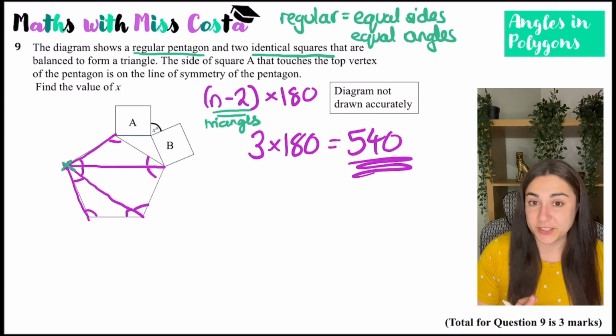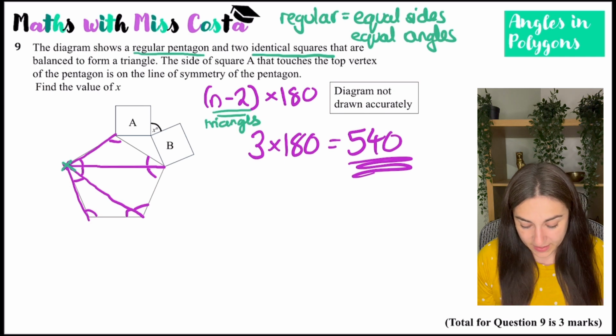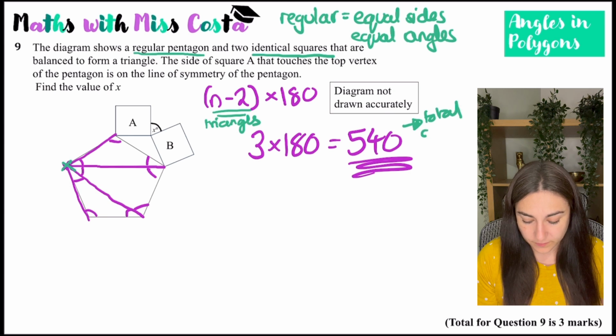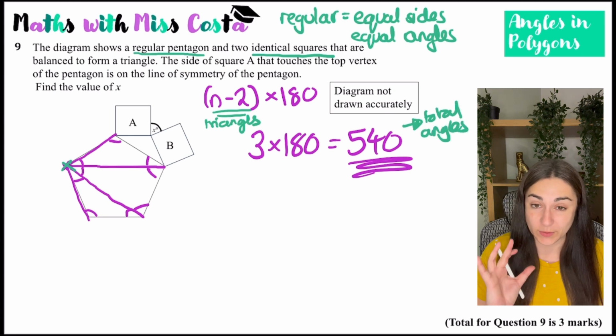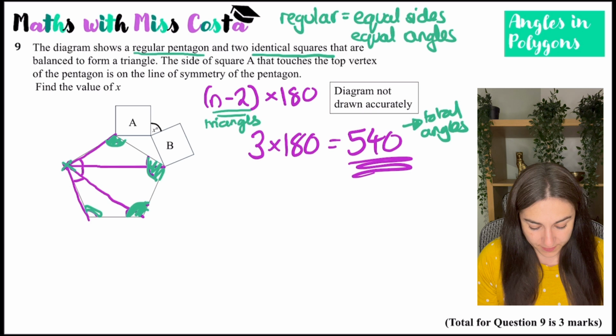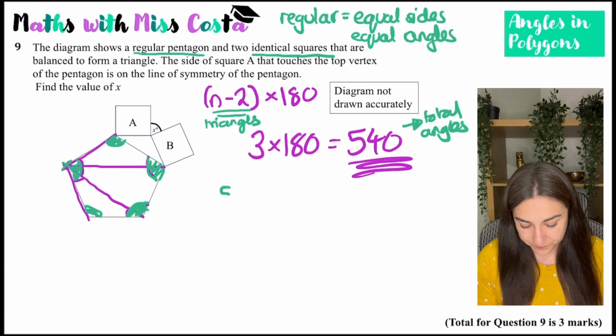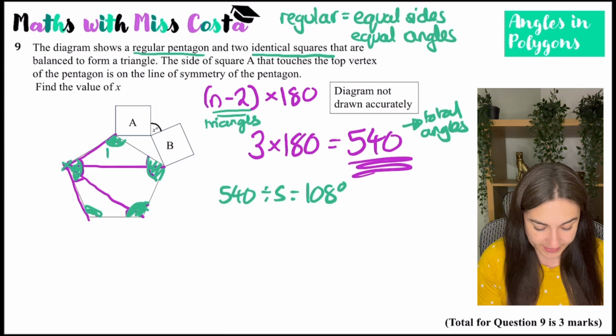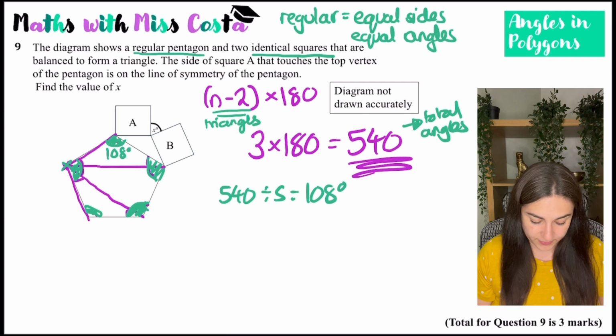So in this case, there's 3 triangles. I times it by 180, and I know that 540 is the total of the angles. Now, I've been told it's a regular pentagon, which means all angles are equal. So therefore, if all angles are equal, and there are 5 of them, all I need to do to work out one is 540 divided by 5, which is 108 degrees. So I know this angle here is 108 degrees.